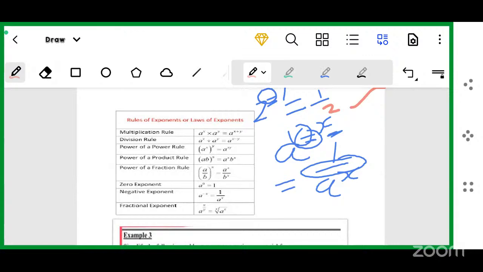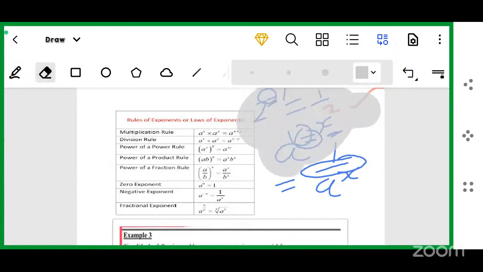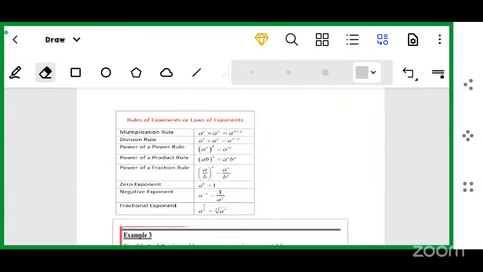So do you know the other one? Yeah, the zero exponent rule. So it's like a to the power of 0 equals... I know the answer. It's going to be zero. Okay, do you have your calculator next to you?